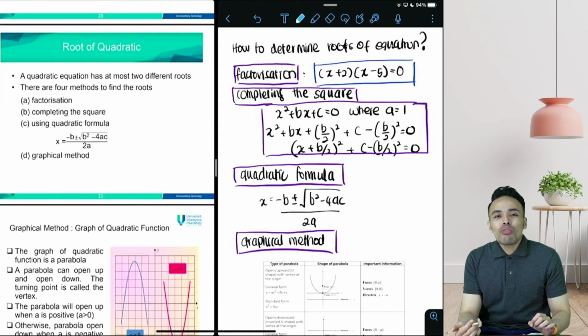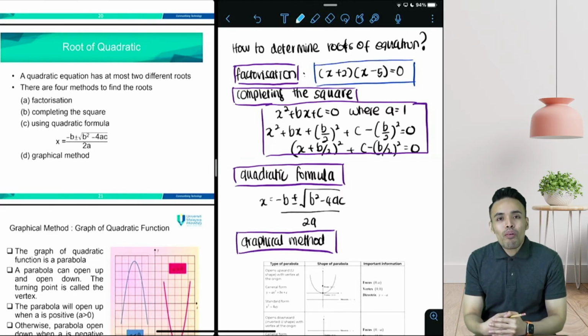By referring to your knowledge in calculus before this, you might have come across different types of parabolas, and different types of parabola can normally be related to the roots of the quadratic equation.